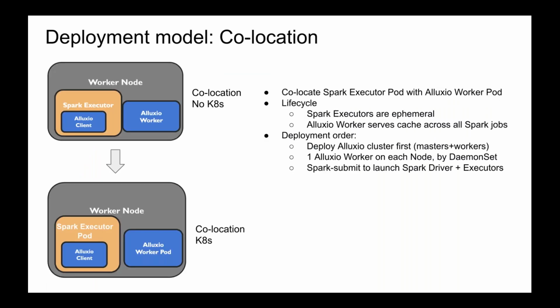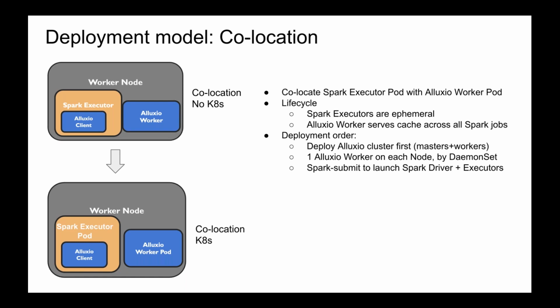And what do we have when Alluxio is part of the picture? In order to provide data locality, we choose to deploy Alluxio in a way called colocation. By the term colocation, we mean that before Kubernetes, we deploy the Alluxio worker process on the same node where the Spark executor will run.